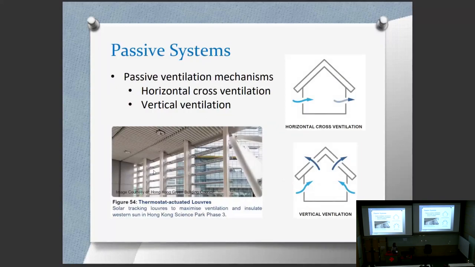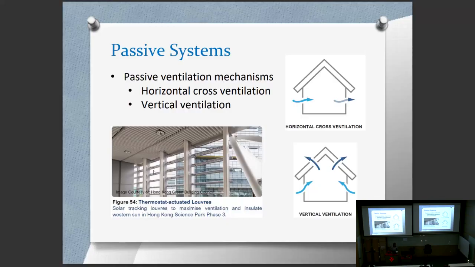And for passive systems, like passive ventilation, using a natural ventilation system, in Hong Kong it may not be too possible because it is a densely packed environment, and we have many busy roads outside, and the air pollution is serious.